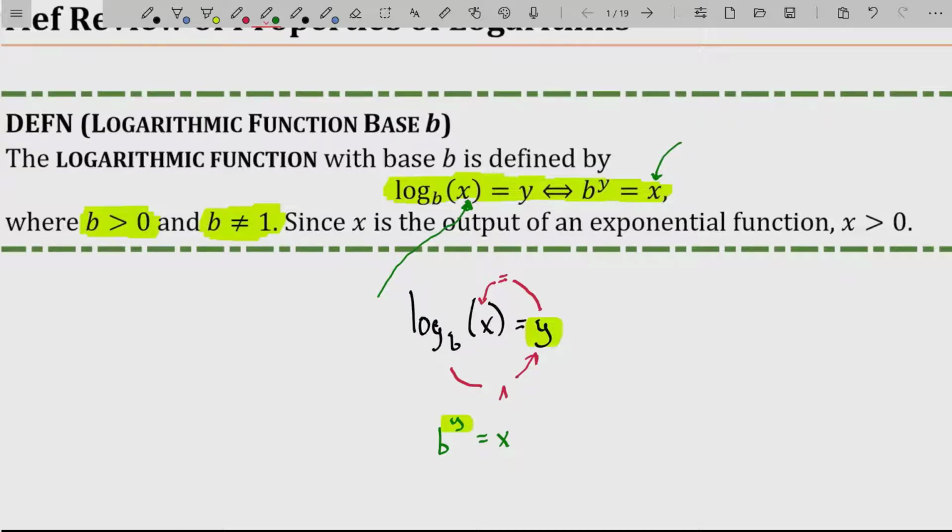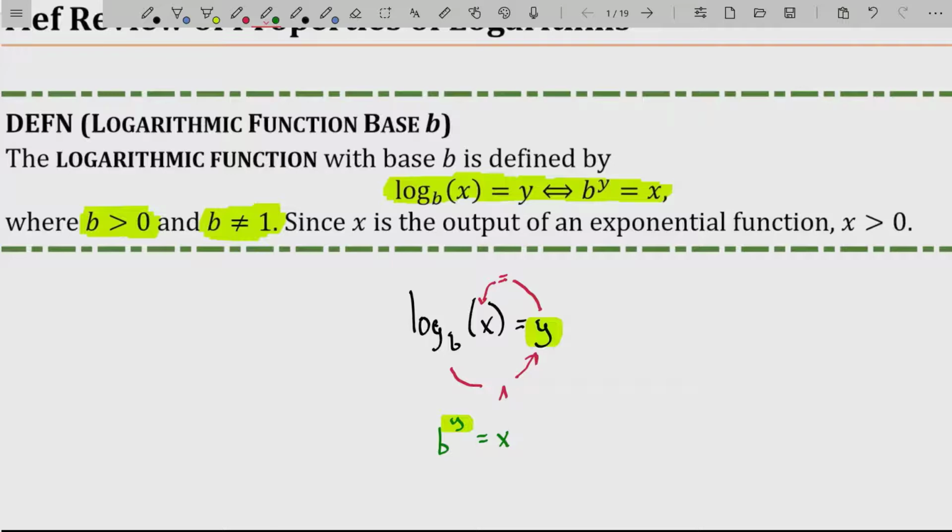Exponential functions are never zero, nor are they negative. So that output has to be positive, and thus the input of the logarithm must also be positive. Those are critical things to remember because the fact that the argument for a logarithm must be positive comes up all the time in calculus.